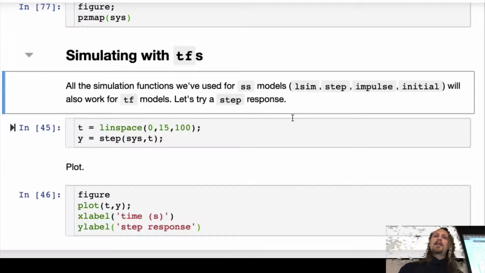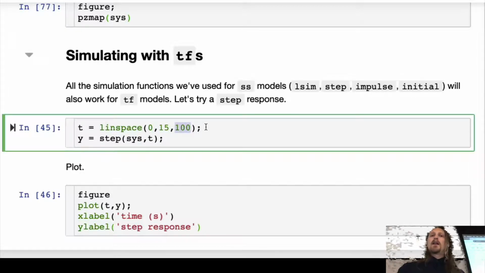Let's try a step response. So I define a time array. I'm going to go from 0 to 15 seconds, and I'll take 100 time points in that array. This is something to think about. How do we know how long we should simulate for?